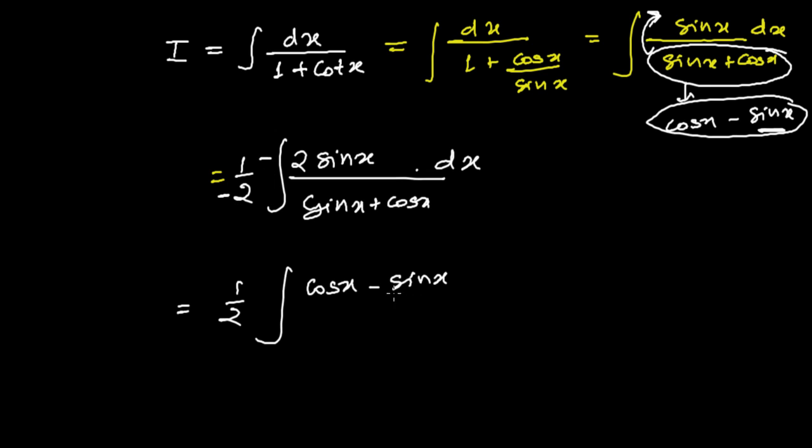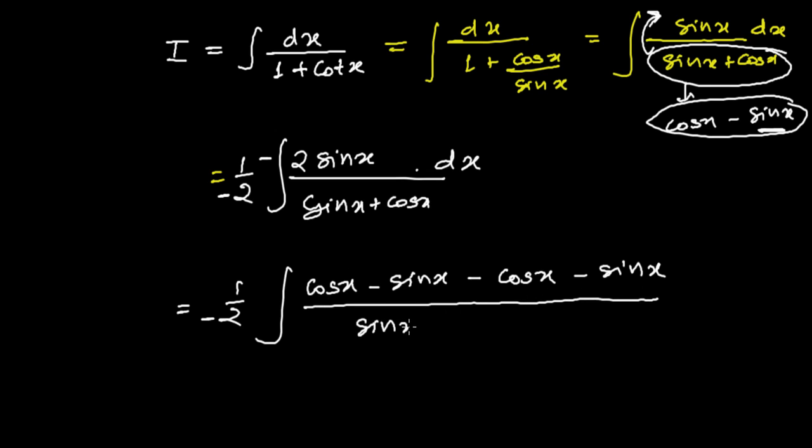Okay, and now see, cosine of x I have written myself, so I'm writing negative cosine of x so that I can cancel, and negative sin x it is, so again I need to put here negative sin x over minus, because it was minus 2 sin x, you know, so minus sin x, minus 2 sin x, no problem at all, and minus 2, let me put here again, and then divided by sin x plus cos x times dx.